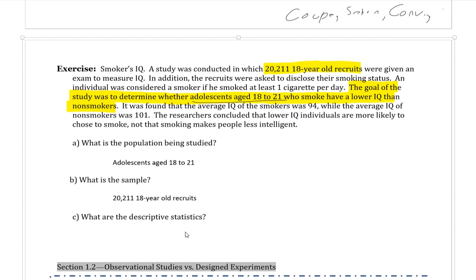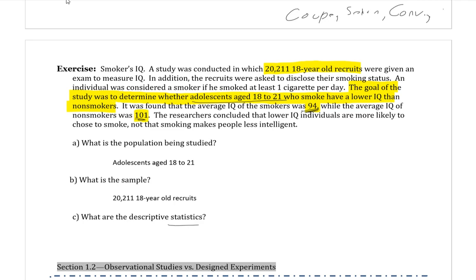Anyway, so that's the population of the sample. The descriptive statistics, these are the values that were reported from the sample. So that's what the statistics mean here. It was found that the average IQ of smokers was 94. So that's my first descriptive statistic, 94, while the average IQ of non-smokers was 101.